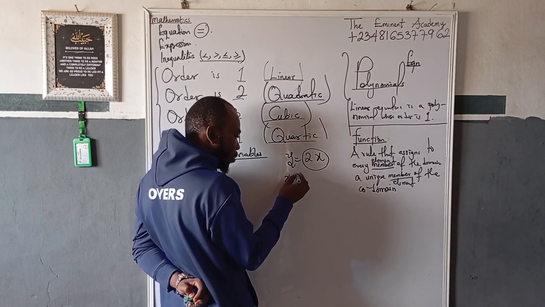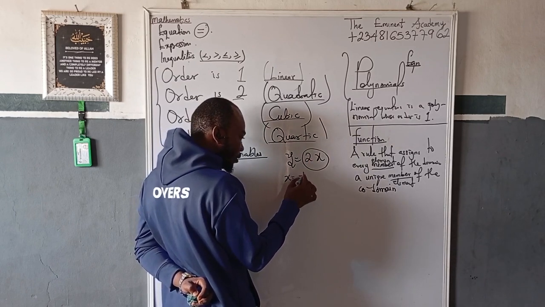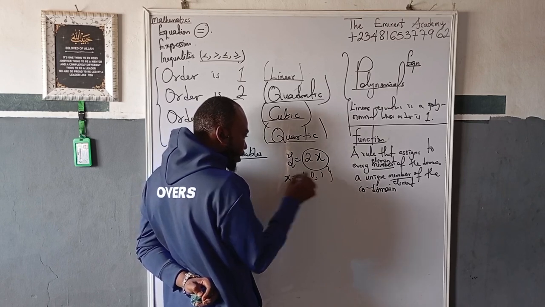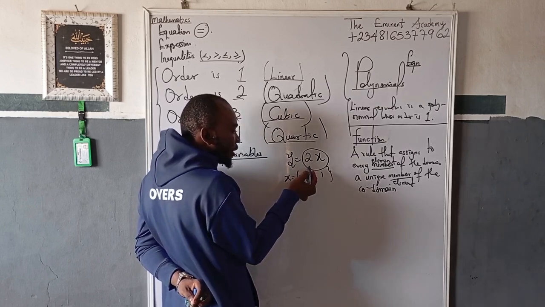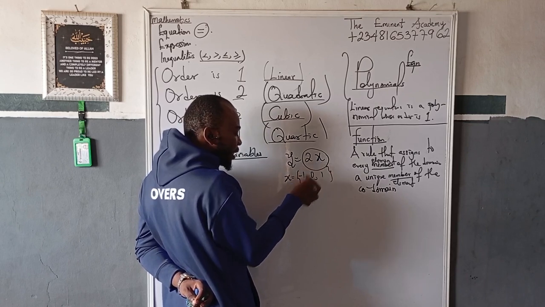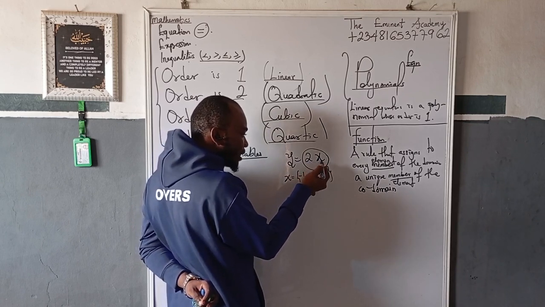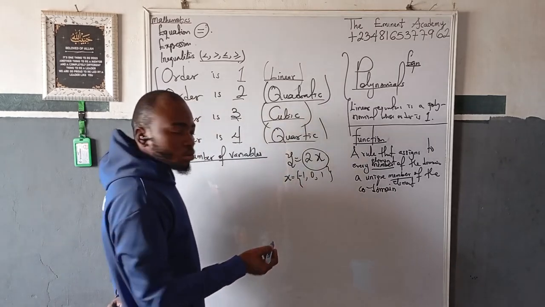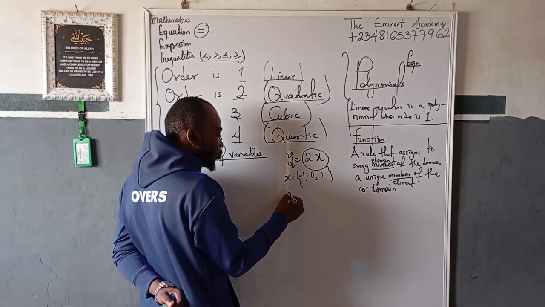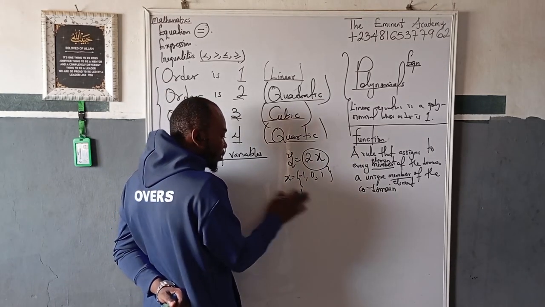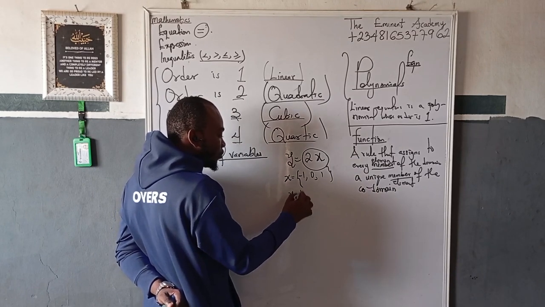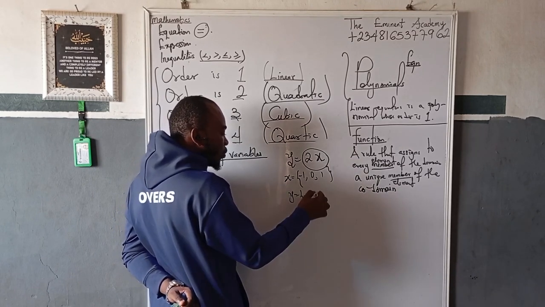Let me now give x some values. Let me start from -1, 0, and 1. So the rule says that any element x I pick, I should multiply it by 2. So when x is -1, y will obviously be -2. When x is 0, y will be 0.